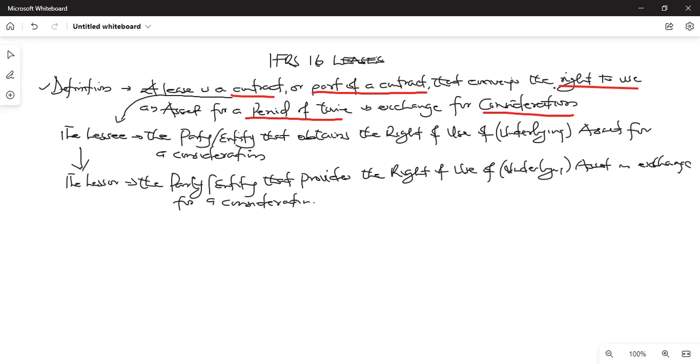So all these things about the right of use that we are talking about.